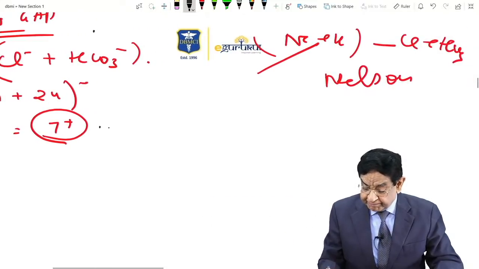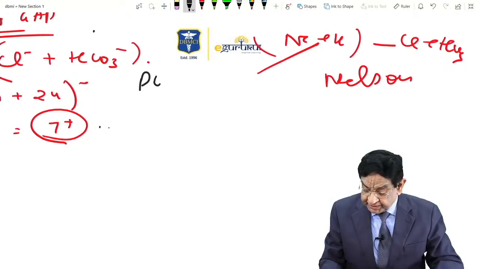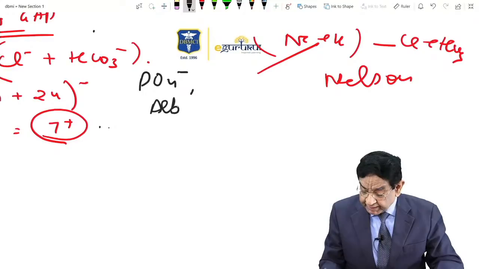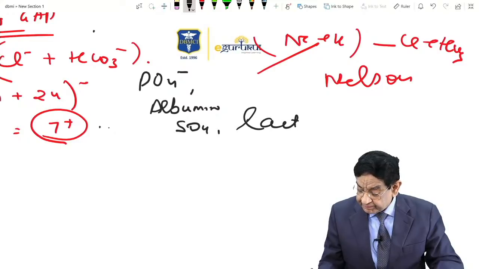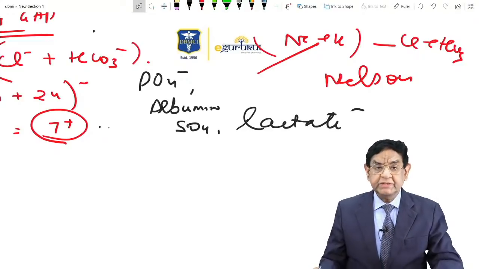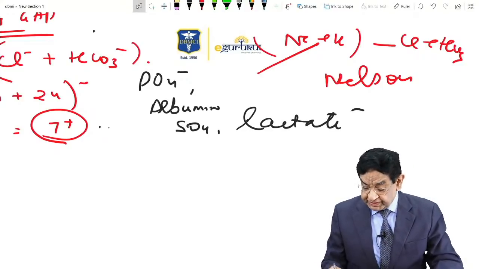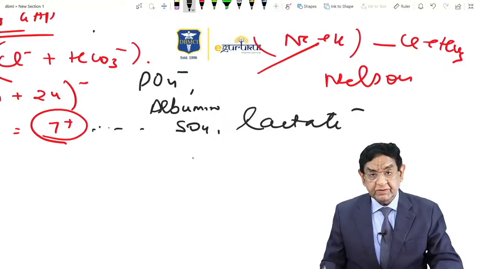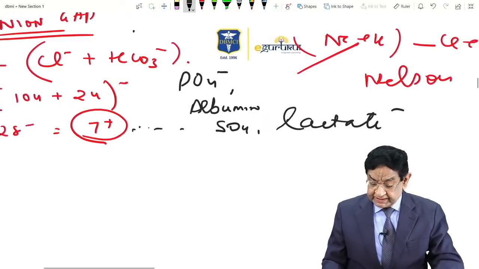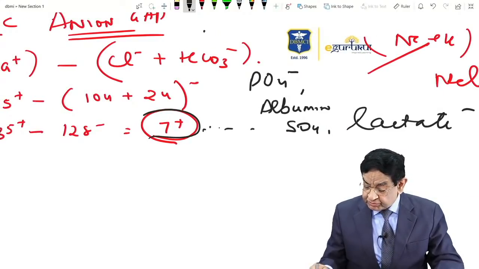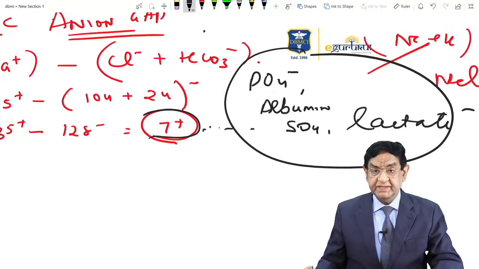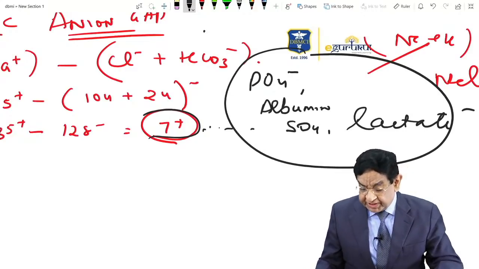So these negative particles, yes, phosphate, albumin, sulfate, lactate, all these are negative particles which are there. And that's why the anion gap is there. So these we have not measured, we have not taken into consideration.